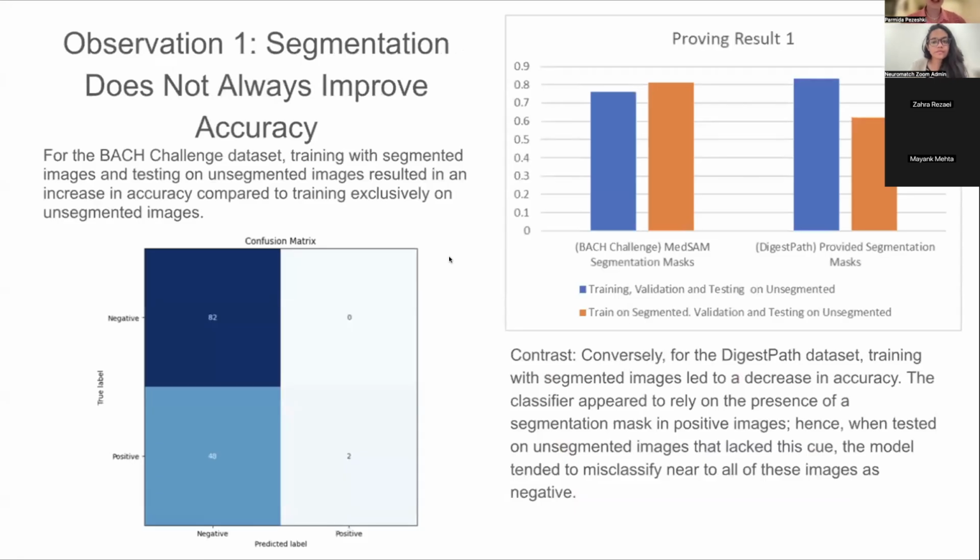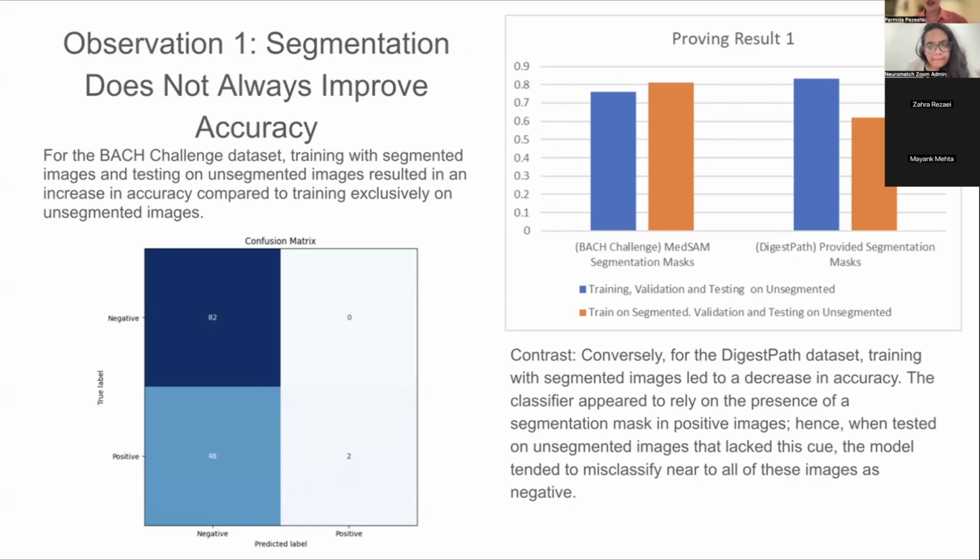So let's talk about our results or observations. Observation number one was that segmentation does not always improve accuracy. For the BACH dataset, training with segmented images and then testing on unsegmented images resulted in an increase in the classification accuracy compared to when training and testing both were done on unsegmented original images.